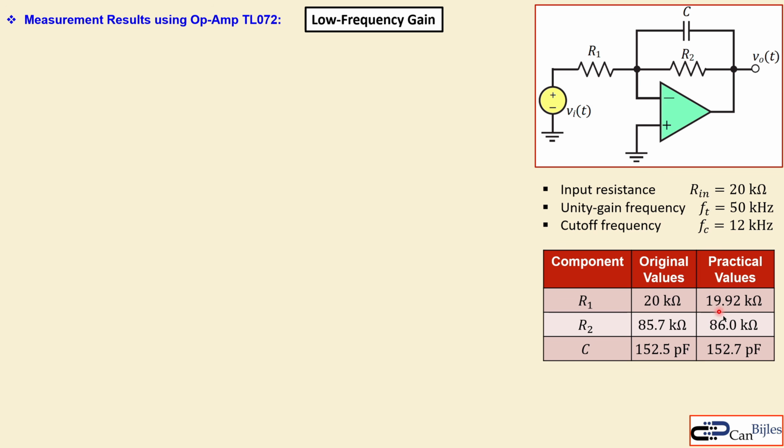So that is fine. So slightly lower than what I have here, and this is what I have is 86 kilo ohms, so it's slightly larger than what I have here. The capacitor I have here is almost the same, but slightly larger, so you can see that the 0.2 picofarad larger.